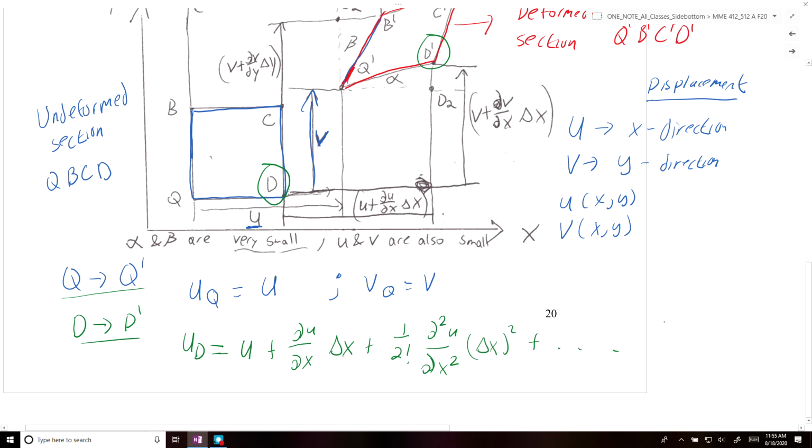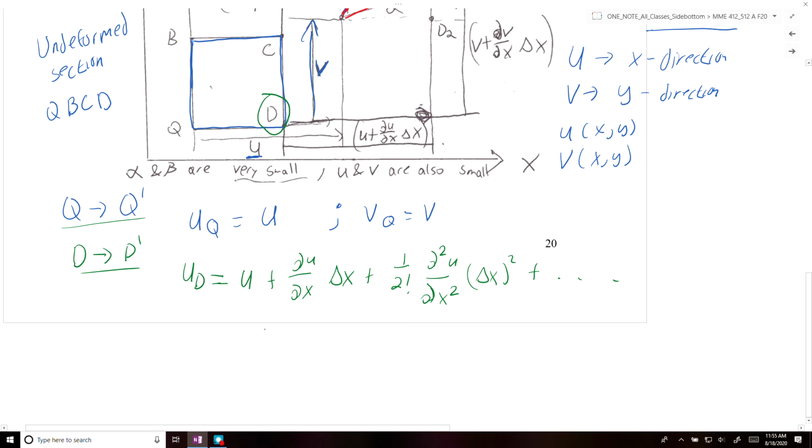Since delta x is very small, we can say that u of D is approximately equal to just u plus du/dx times delta x.